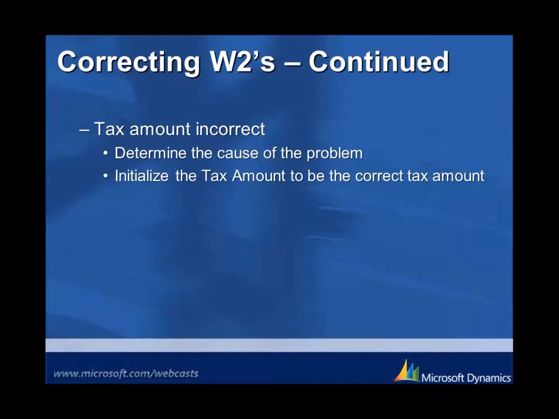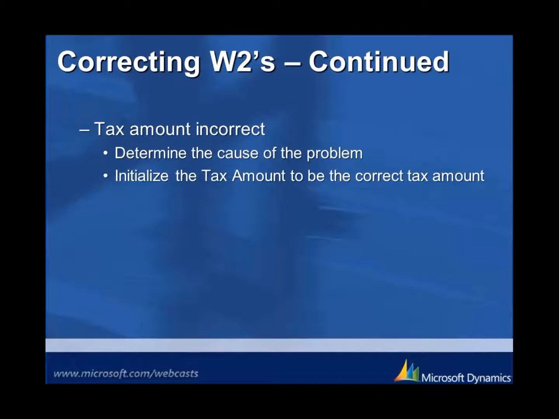But if we've determined that the correct amount has been taxed, then we can go ahead and use initialize mode to initialize that tax amount in the employee history screen. Once we've done that, recalculating W-2s will pick that amount up, and we will be good to go. But again, I have to stress that this is very important.